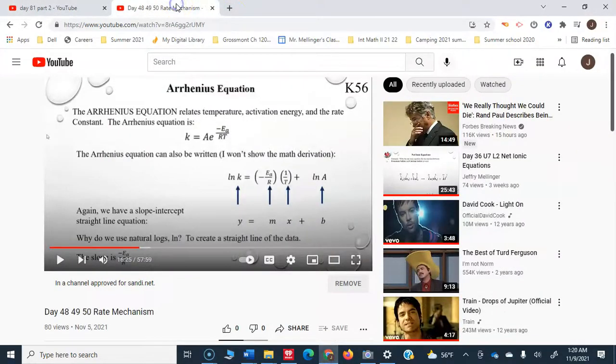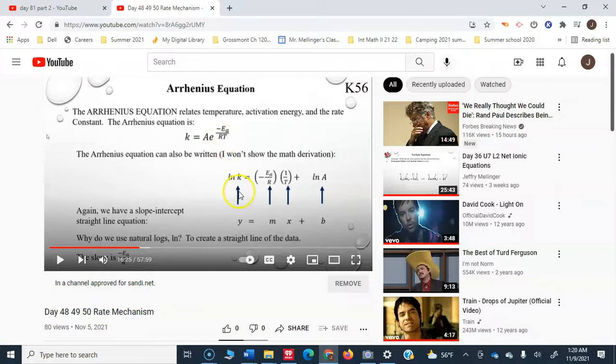Okay, right here. And what we see here is we have this formula. It's at about 16 minutes and 15 seconds into the lecture video. And there's the Arrhenius equation, which relates the rate constant with the frequency factor, the activation energy, the temperature, and the gas constant.